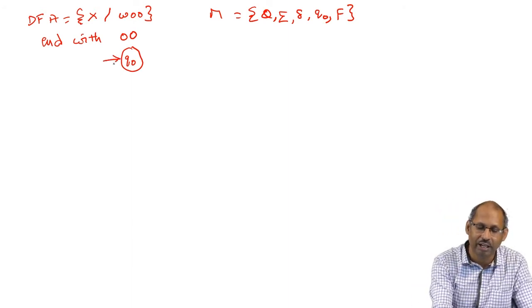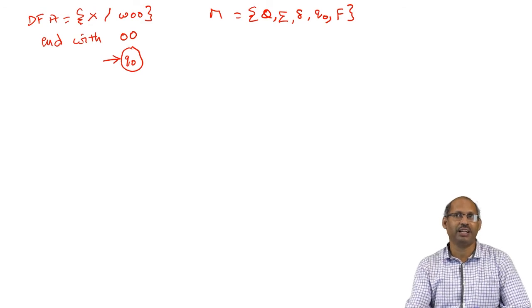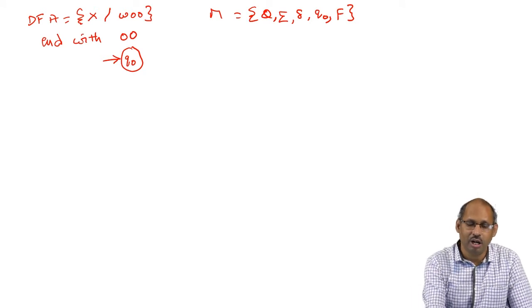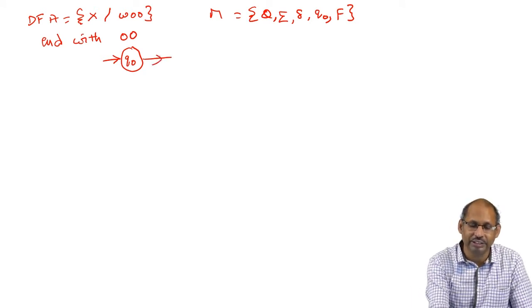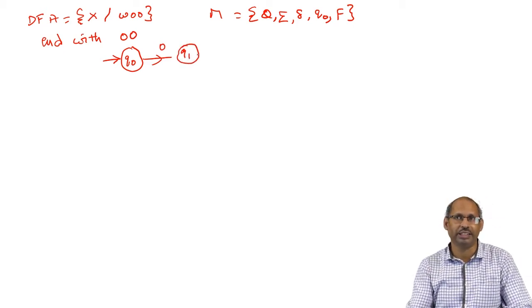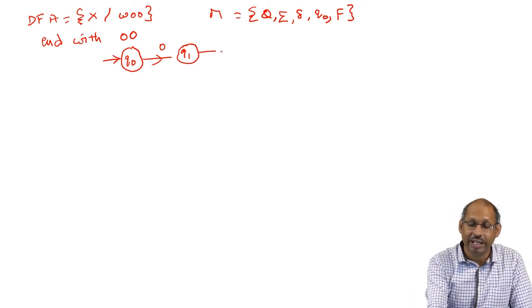By placing an arrow. So Q0 is the initial state. On 0, it goes to the Q1 state. Then on another 0, it goes to the QF state.